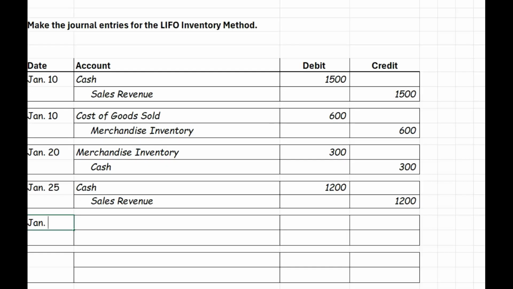And then we record the entry for cost of goods sold. Debit cost of goods sold. Credit merchandise inventory. In the amount of $420 that we calculated as cost of goods sold using our LIFO chart.